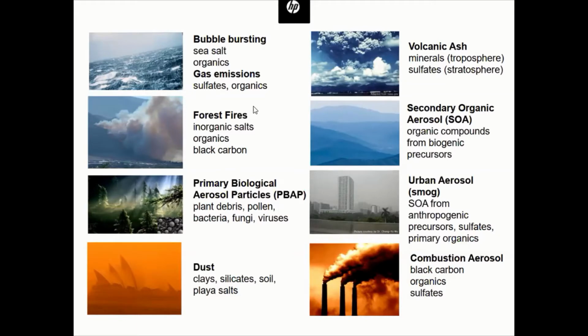Later you will see that once those particles get emitted into the atmosphere, they can form different types of clouds and affect the radiation. There are also primary biological aerosol particles, which can also come from forests.